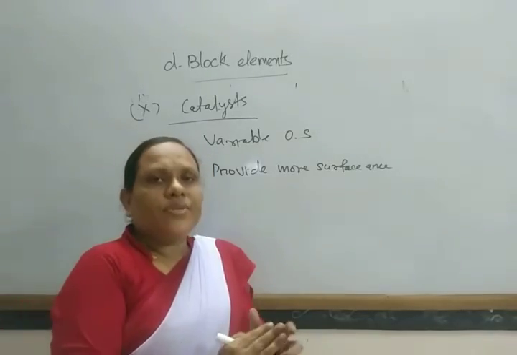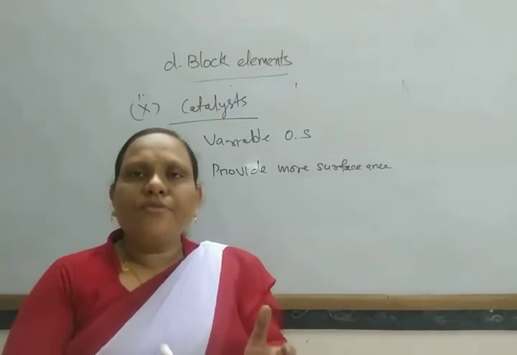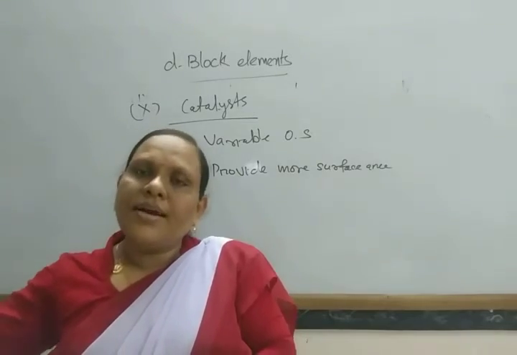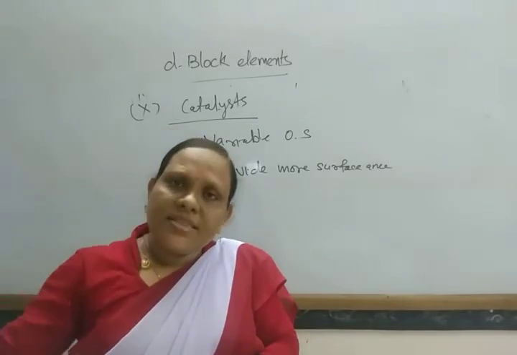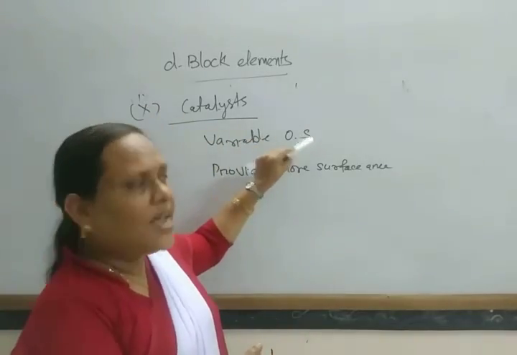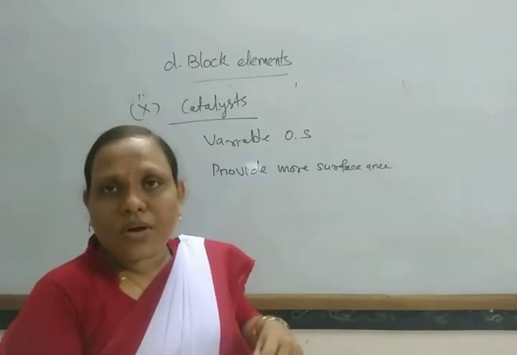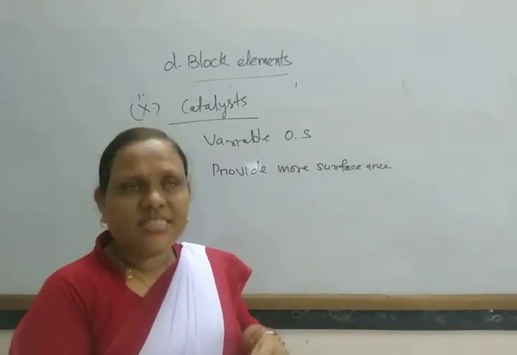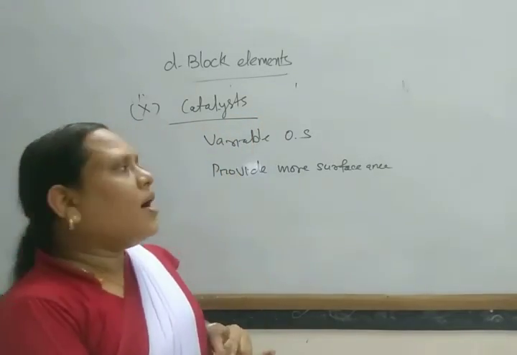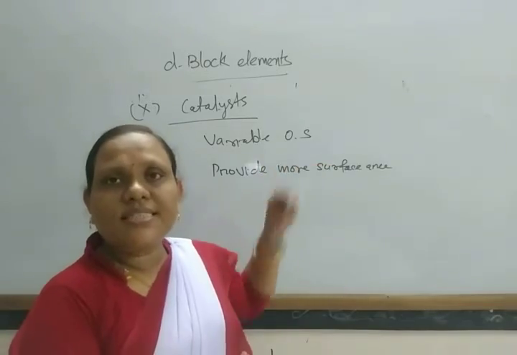In this way, the catalyst combines with the reactant with one oxidation state, then forms some activated complex, then forms another product with another oxidation state. So as they possess variable oxidation states, they have the ability to combine with reactants and products with different oxidation states. In this way, they are used as catalysts. And also they provide more surface area. That's why these are used as catalysts.